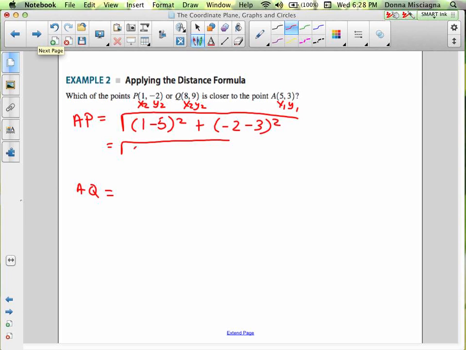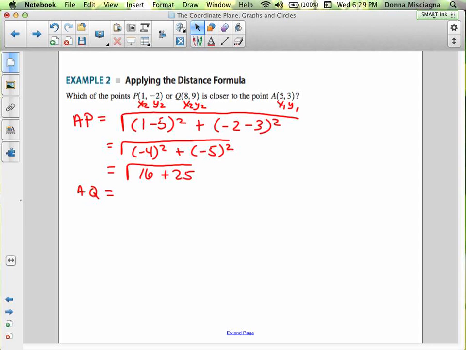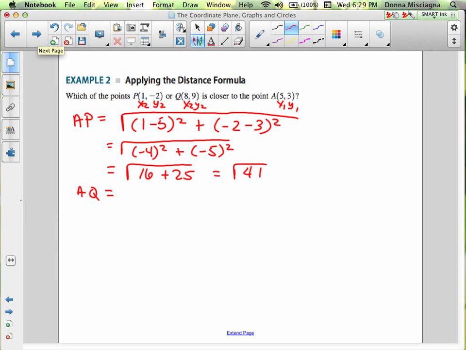So that's going to be negative 4 squared plus negative 5 squared. Remember, you're squaring the whole thing, negative included. So this is going to be a positive value. This will be the square root of 16 plus 25, which is equal to the square root of 41. That doesn't simplify at all because 41 is a prime number.